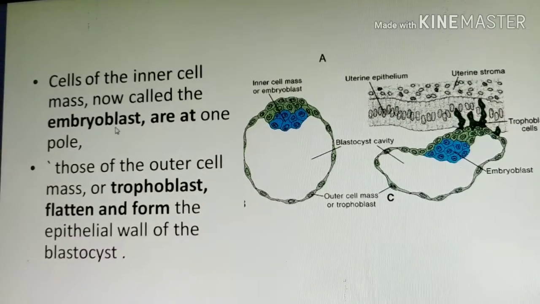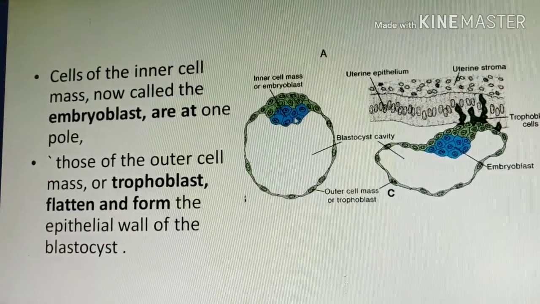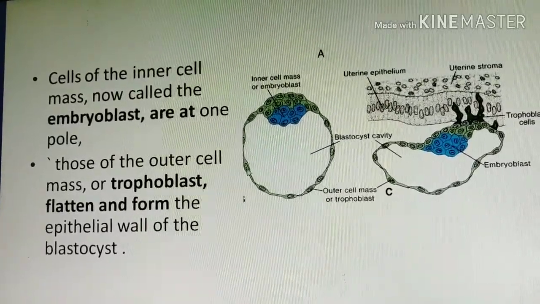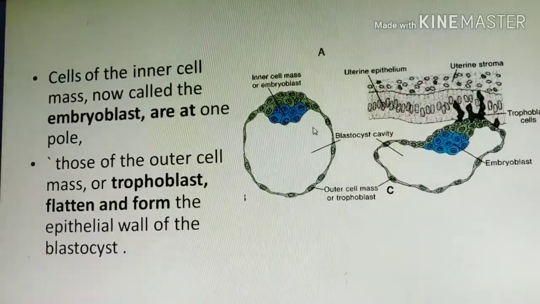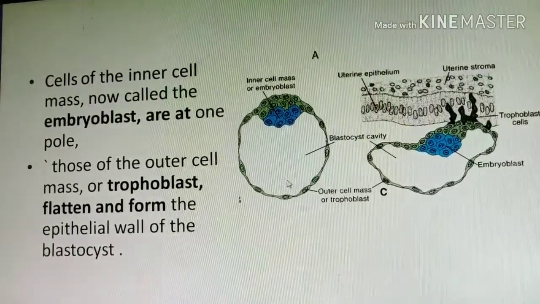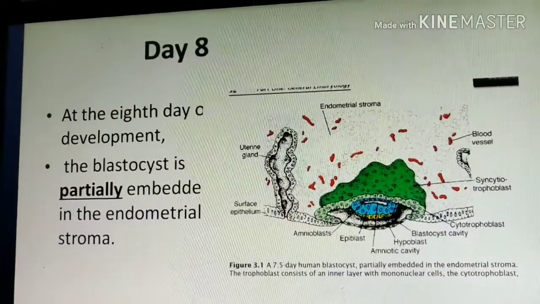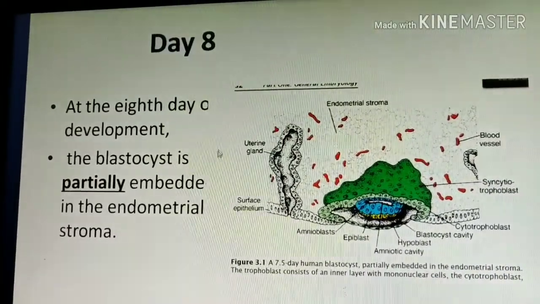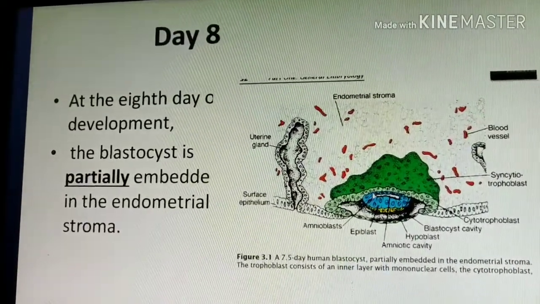We know the embryoblast is the inner cell mass. This is the embryoblast, blue color, surrounded by the trophoblast, flattened epithelial cells. So day 8, the second week starts. This is day 8.